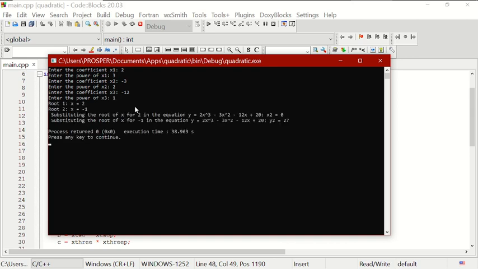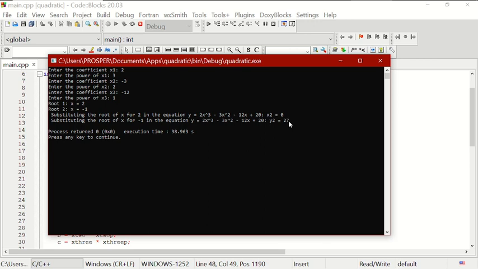So root 1 is 2, root 2 is minus 1. We got that right. When we substitute x equals 2 in the equation, we get 0. Substituting x equals minus 1 in the equation, we have 27. Those are the points we got.